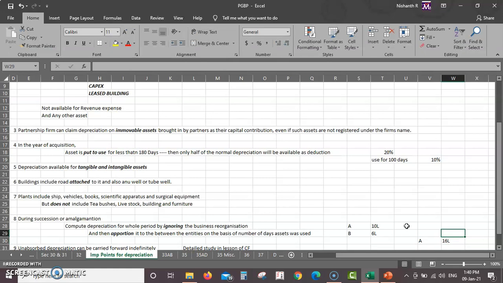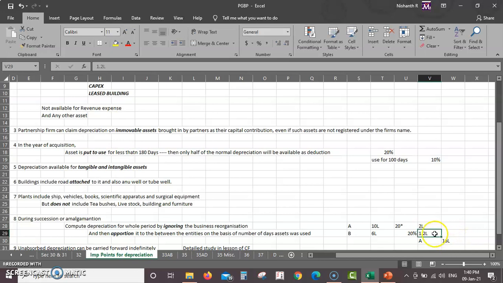So while computing depreciation, don't bother about this. All that you have to do is compute depreciation for A company and B company. So for both, I'm giving a random 20%. So the depreciation on 6 lakhs at 20% is 1.2 lakhs, and on 10 lakhs at 20% is 2 lakhs, right?